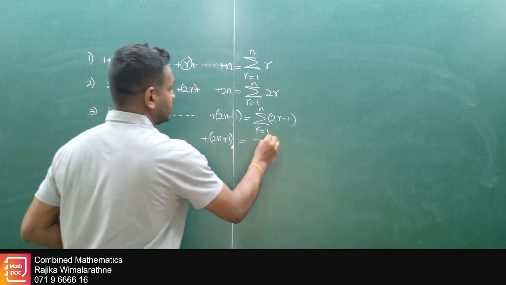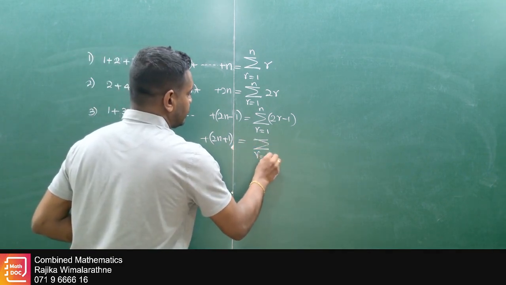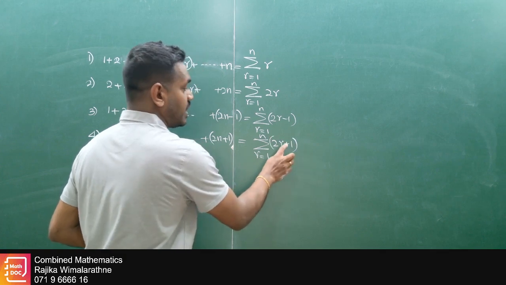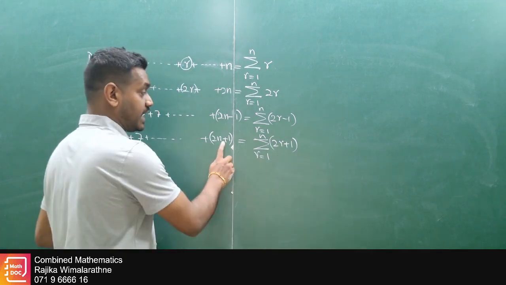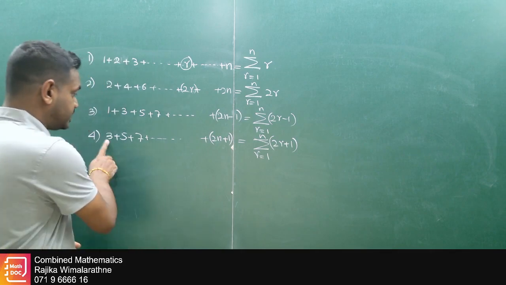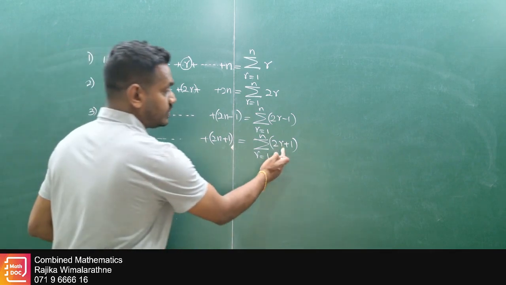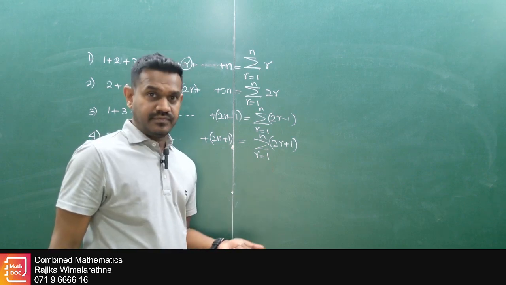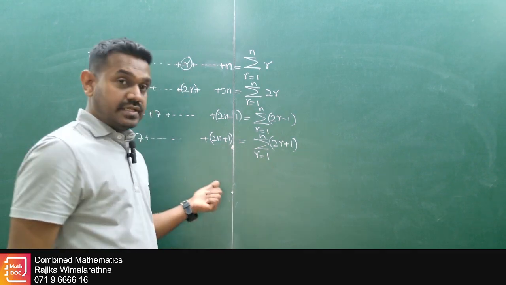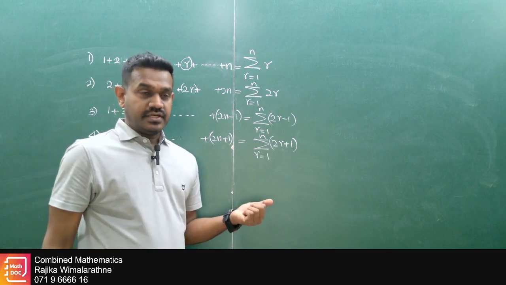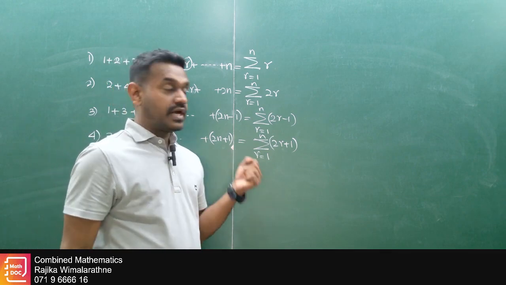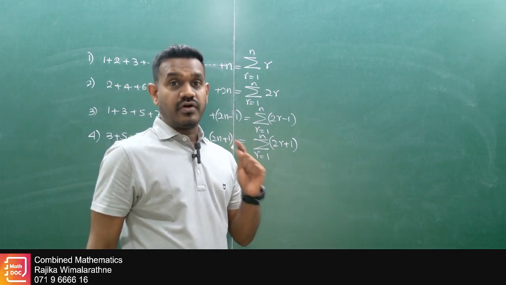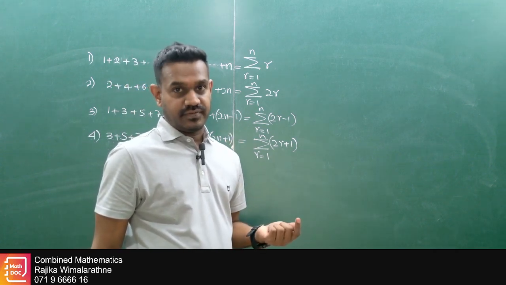Here you write sigma r equal 1 to n of 2r plus 1. This is the r-th term, this is the n-th term, this is the first term. You must put the r-th term. This is the thing about sigma notations. You can get a compressed form of a series using sigma notation.